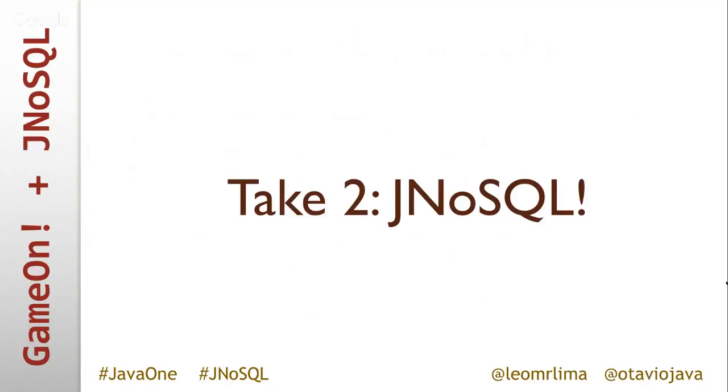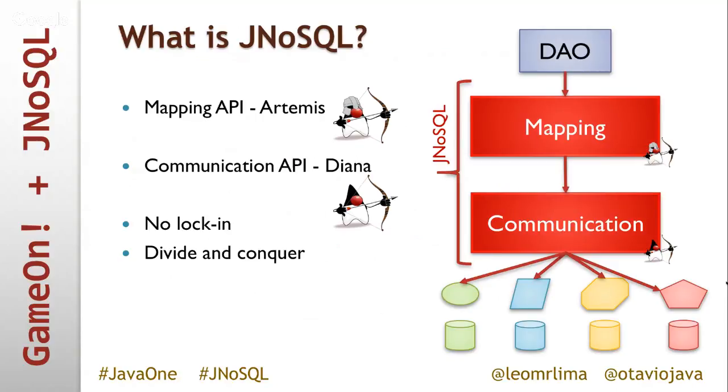So at first, let's see what NoSQL is. It is two different layers with APIs to do the mapping and communication with different NoSQL database types.